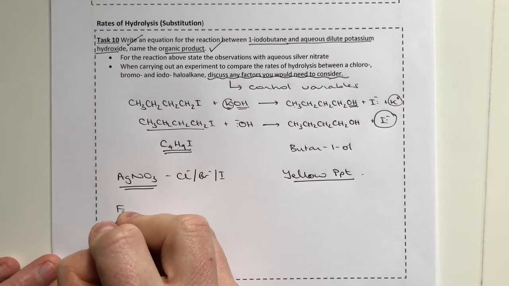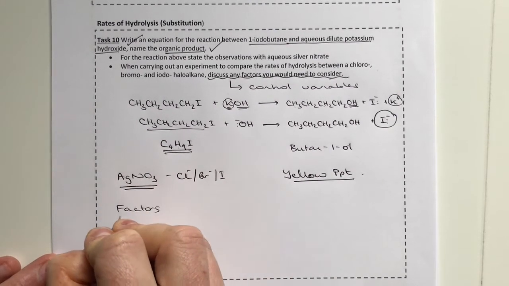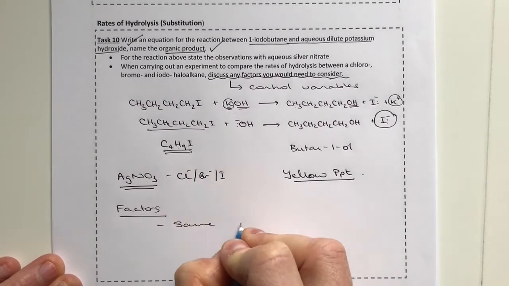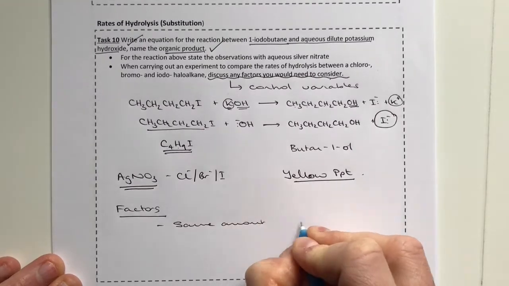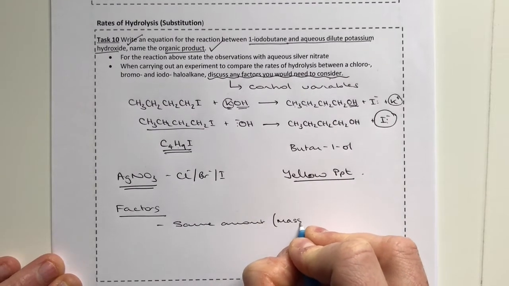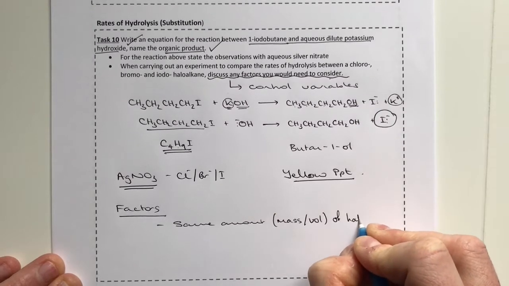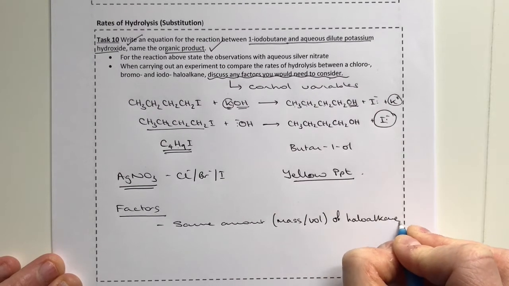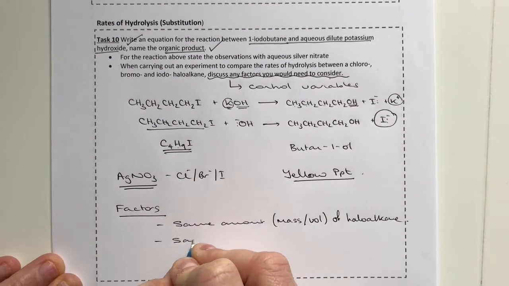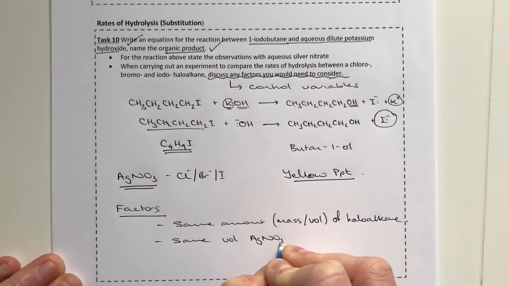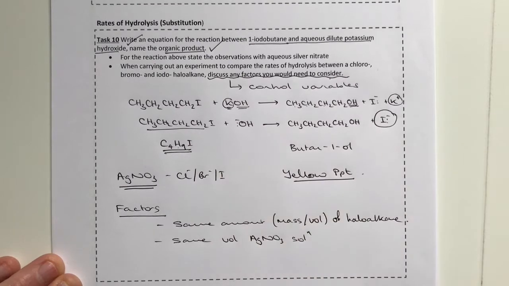So factors are things like same amount, really I should say mass or volume of haloalkane, same volume of silver nitrate.